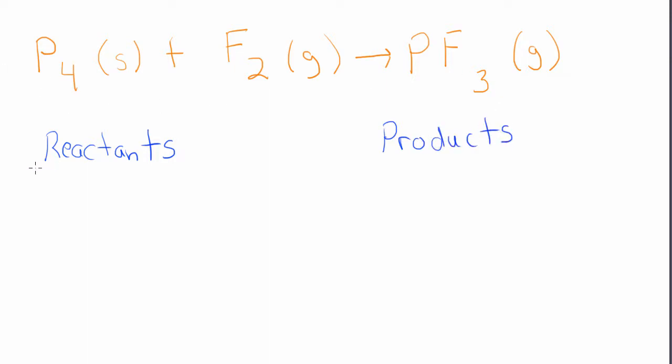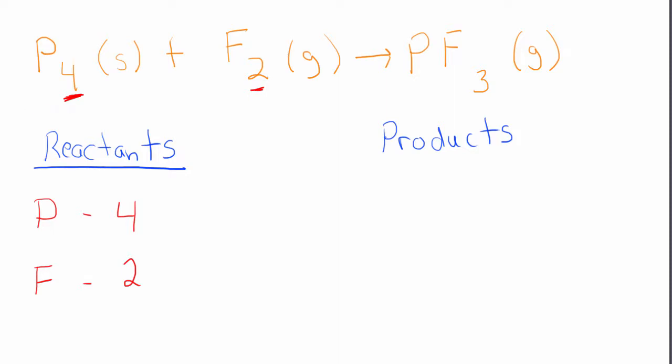In the reactants, we have P, and we have 4 of them. So you can see this here, we've got phosphorus and there's 4 of them. That's the subscript. Then we also have fluorine, and we have 2 of them.